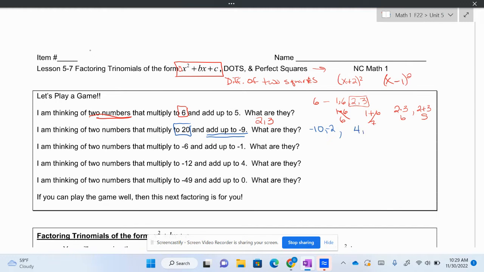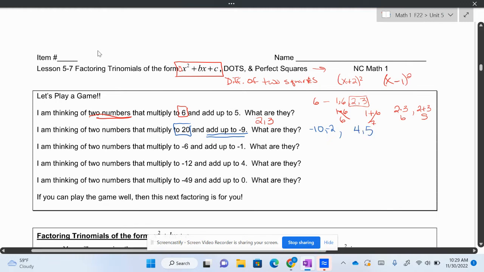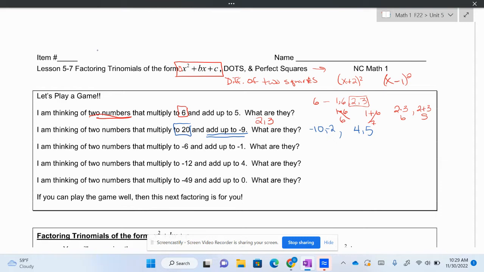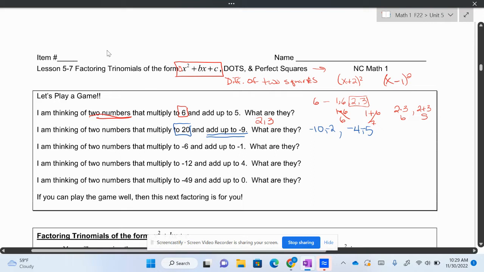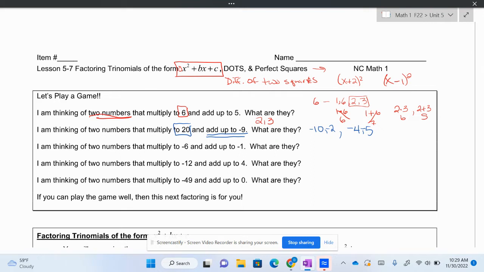So let's try 4 and 5. 4 times 5 is 20, but they add up to a positive 9. However, if I make both of those negative, negative 4 times negative 5 is still positive 20, and it adds up to negative 9. So the two factors that I'm looking for are negative 4 and negative 5.